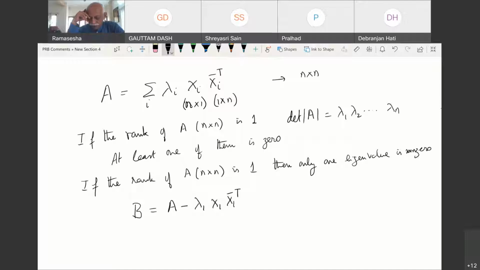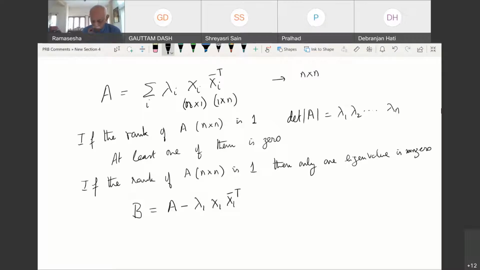What are the eigenvalues of this B matrix? At least one eigenvalue is 0, isn't it? Because A is given by lambda 1 x1 x1 bar transpose plus lambda 2 x2 x2 bar transpose, etc. So if I subtract lambda 1 x1 x1 bar transpose, it means that at least one eigenvalue is 0.